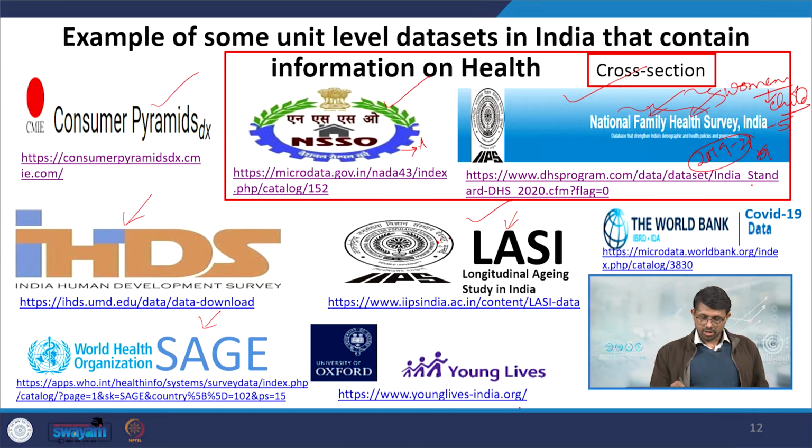However, there are other datasets which NSS provides on agriculture, on debt and investment, on labor issues, on employment rounds, and the latest one is PLFS, periodic labor force survey. Then it also provides information about time use survey, TUS.